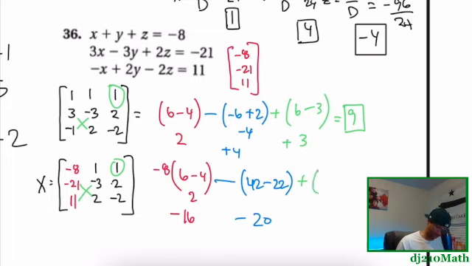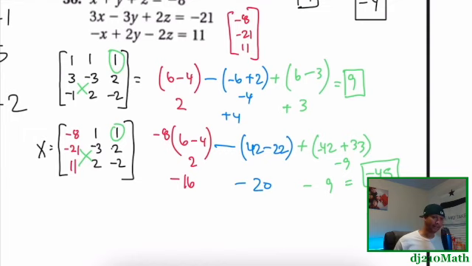So negative 42 minus negative 33. So plus 33. So negative 42 plus 33, negative 9. So minus 9. So minus 9, minus 20, minus 16 is negative 45.